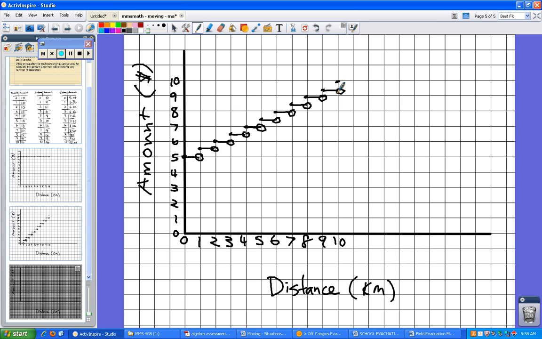And that's it. You should see steps. So again, whenever we're doing these linear graphs, it's not always necessary to connect the dots. You just need to realize that it does look like a straight line, but some of them will look like stairs in this case.